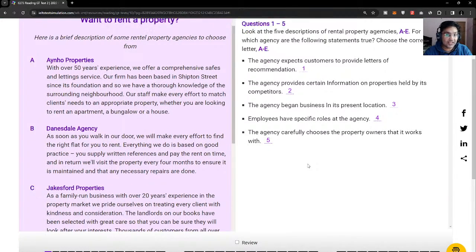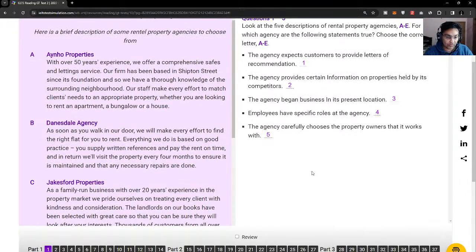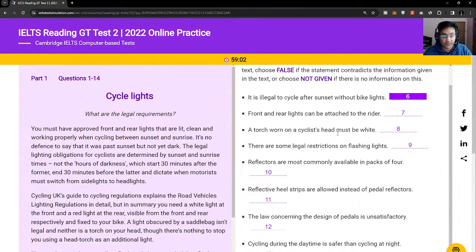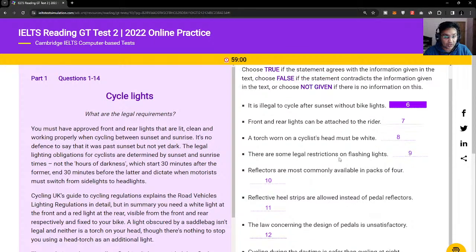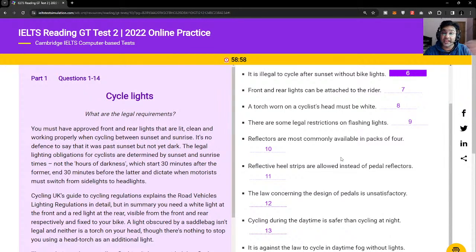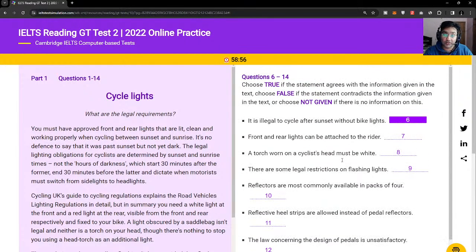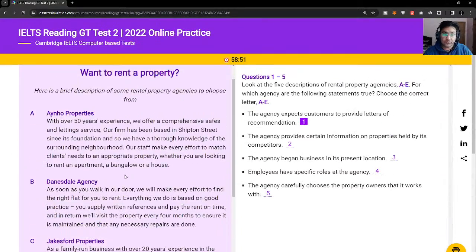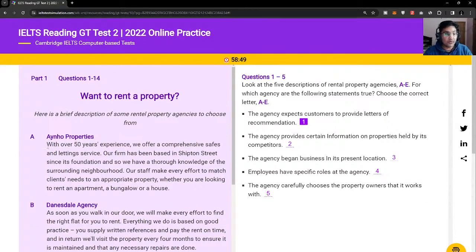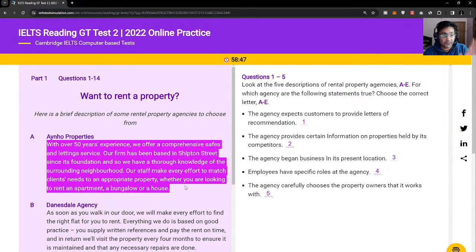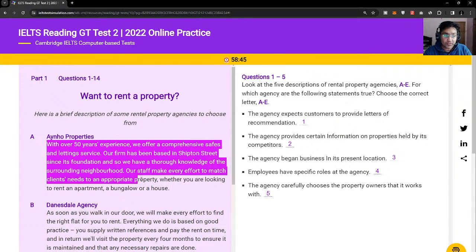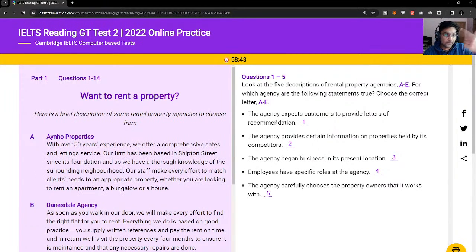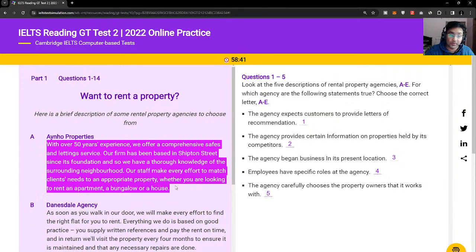So matching headings do not come in any logical order. However, we have these questions which are true, false, not given, and sentence completion, diagram completion, that always come in a logical order. So since this is quite easy, we'll start off by reading the first paragraph, and we'll see which one of these actually matches with this one.